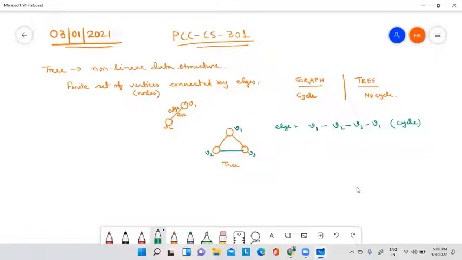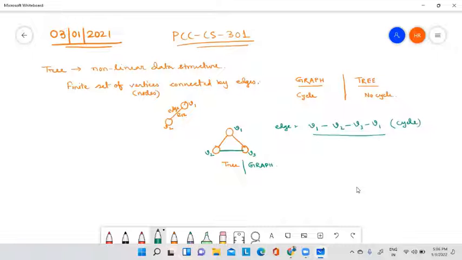Whenever it has this cycle, it will no more be called a tree; it will be called a graph. So this is the basic difference between graph and tree.